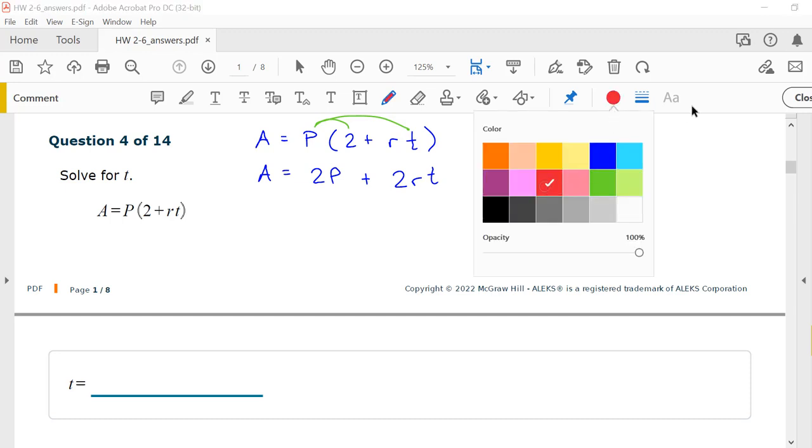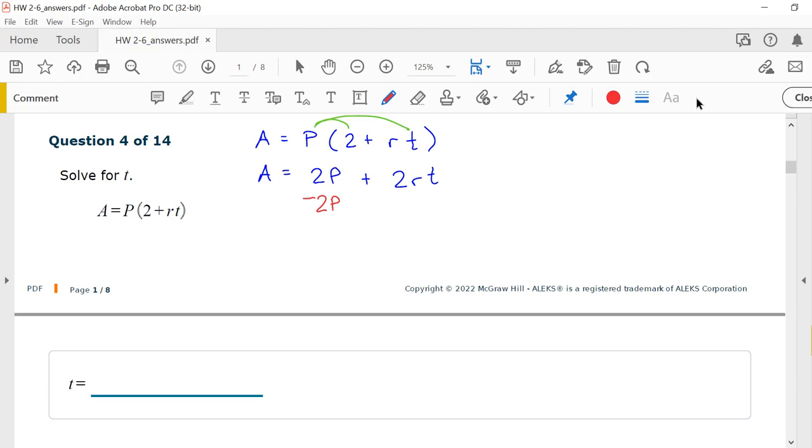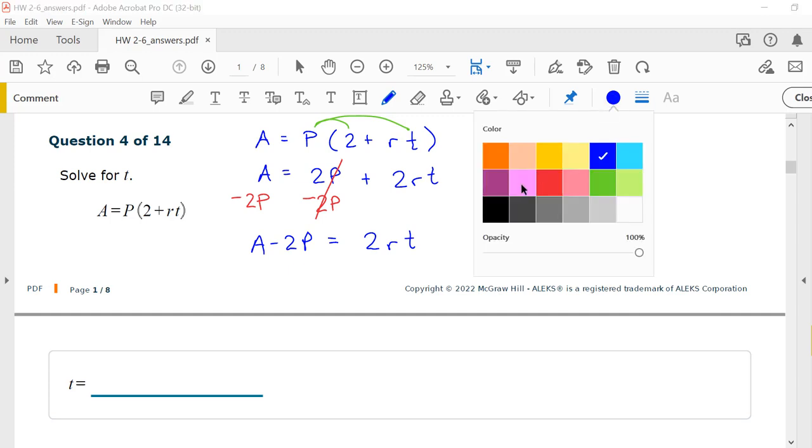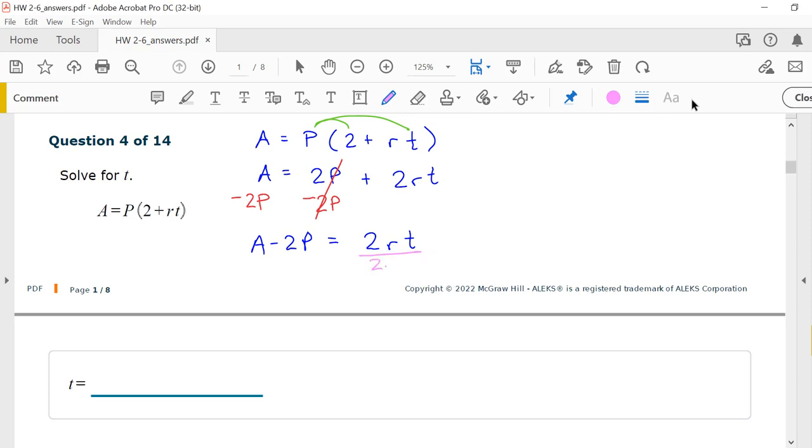Now subtract 2p from both sides, and you would have a minus 2p equals 2rt. To get t by itself, I now need to divide by 2r. 2's cancel, r's cancel. So my answer would be a minus 2p over 2r is equal to t.